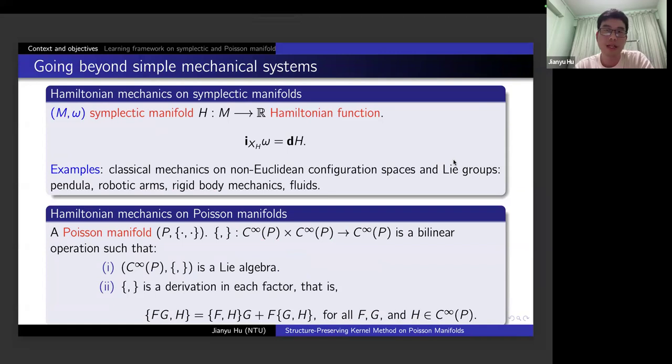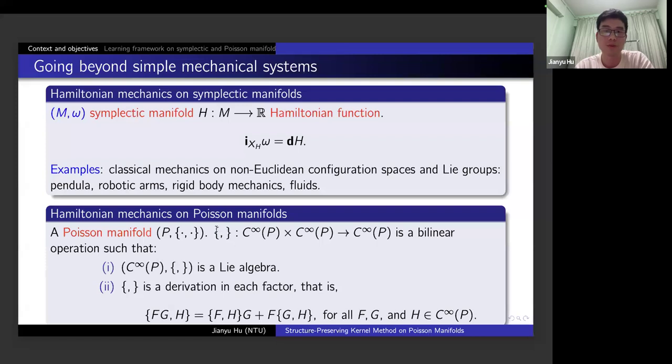On a symplectic manifold, the Hamiltonian systems can be defined via a symplectic form, and on a Poisson manifold, via a Poisson bracket.